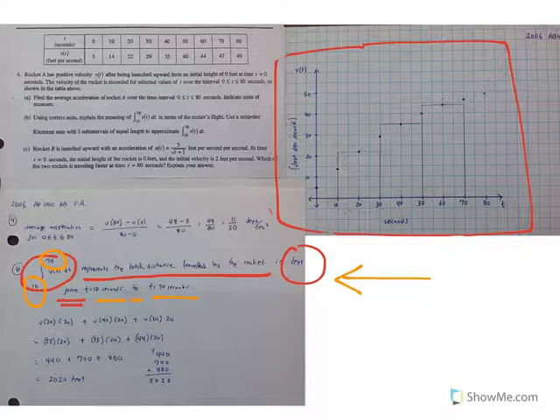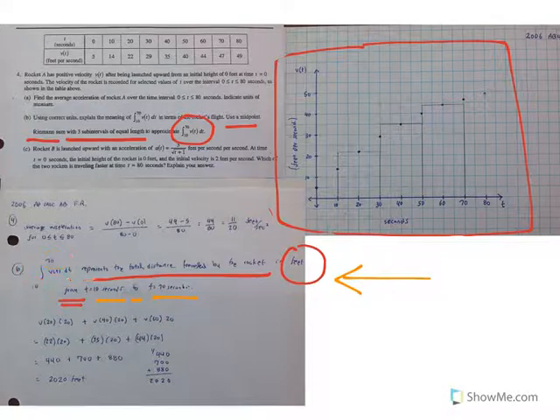So now we're going to take a look at the second part of part B, the second sentence. Use a midpoint Riemann sum with 3 subintervals of equal length to approximate the value of this definite integral.